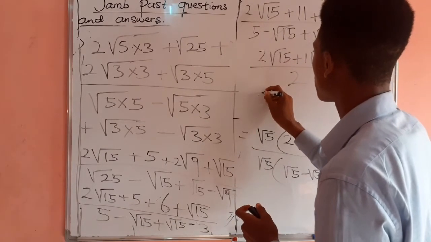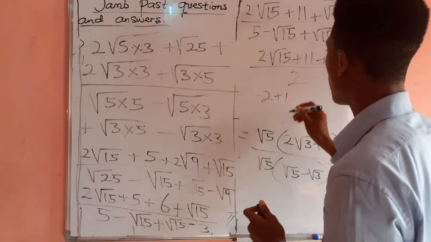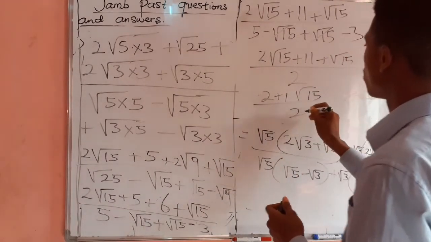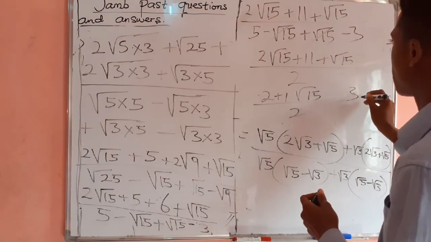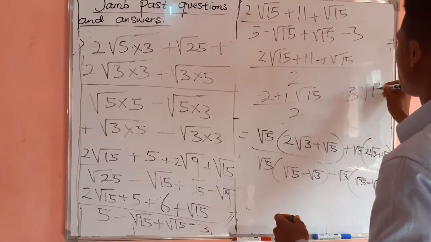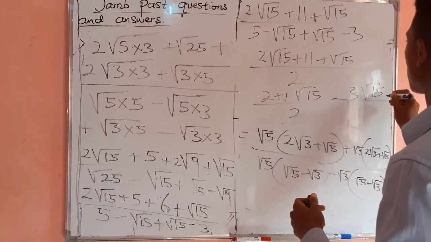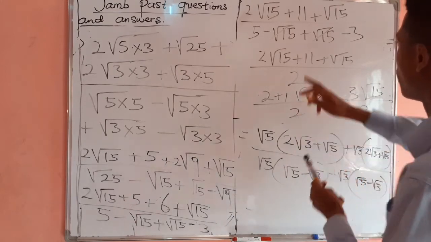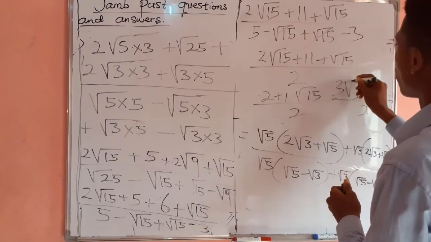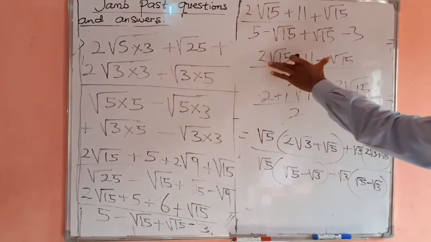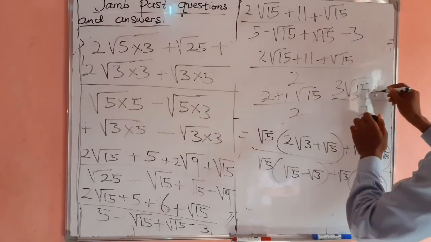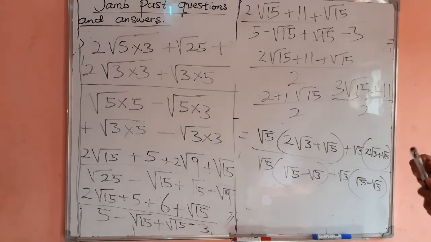So this will be 2 plus 1 with root 15, all over 2. 2 plus 1 is 3, so 3 root 15 over 2. Mind you, there's a plus up here, so we can't just stop at that. We say 3 root 15, because these two have just become one now, plus 11. So our final answer is what?